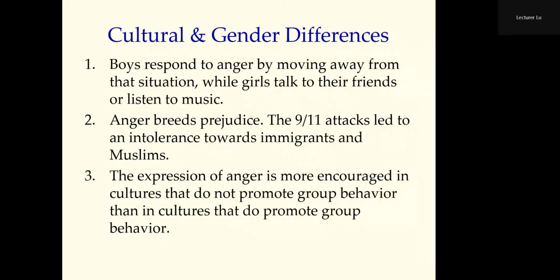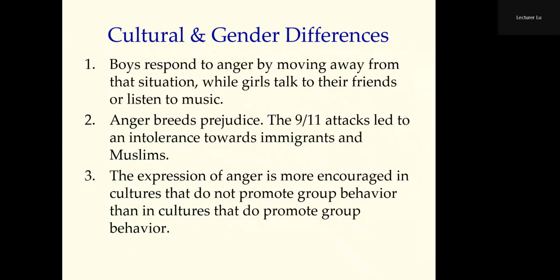The expression of anger is more encouraged in cultures that do not promote group behavior than in cultures that do promote group behavior. So we can link that to what I talked about earlier about the cultural differences in displaying emotions, like in many Western countries, which take the individualism approach, and people are encouraged to display their expressions, including anger, including negative emotions.